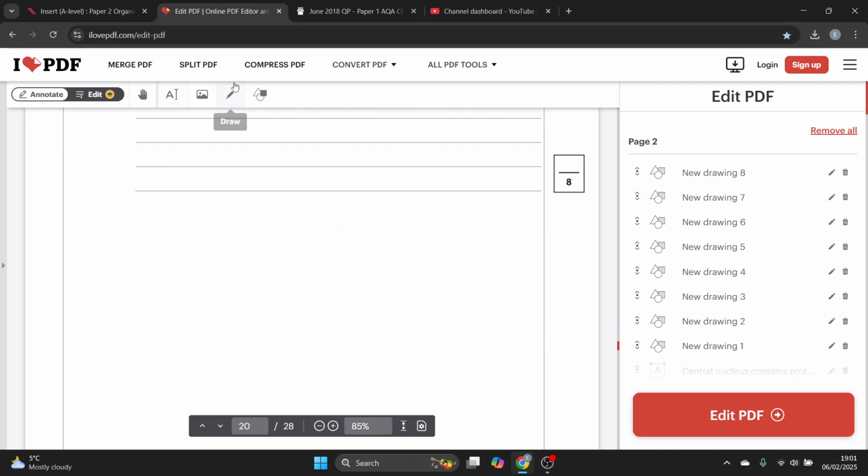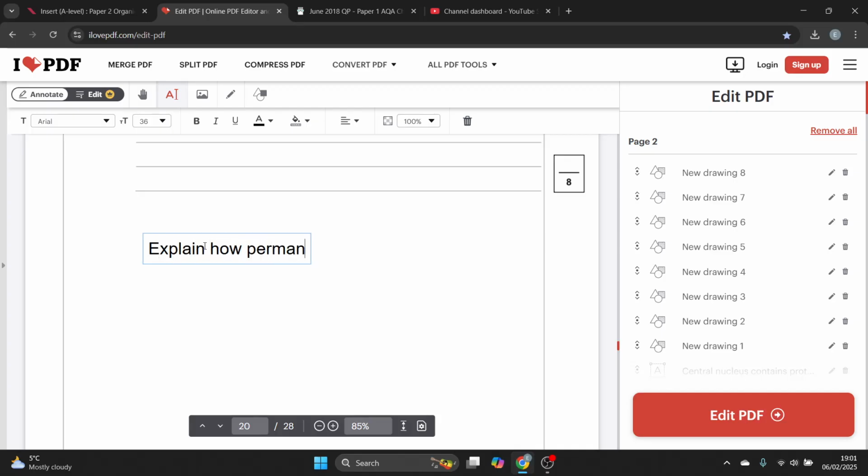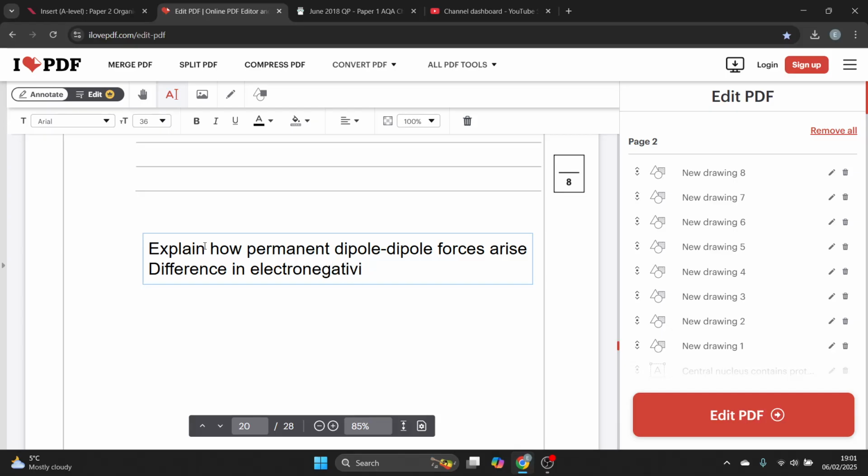And then there was another previous question, I think on the last past paper, maybe the year before that. It was like, explain how permanent dipole forces arise. First things first, a difference in electronegativity leads to bond polarity.